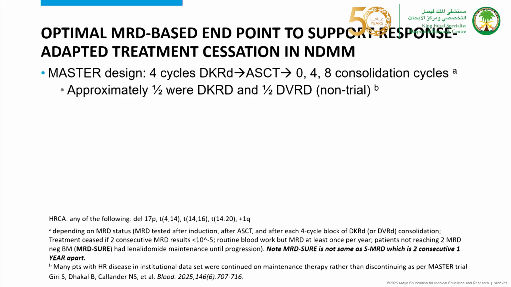And the MASTER trial design was basically the notion of giving very intensive therapy for a limited duration of therapy, but then potentially stopping therapy if there were two MRD negative in a row. Now, it wasn't a year apart, MRD negative, it would be like 4 months or whatever. But it was asking an important question, can you get away with less if you end up MRD negative? And so then they also put in more patients for power to look at these 221 patients.